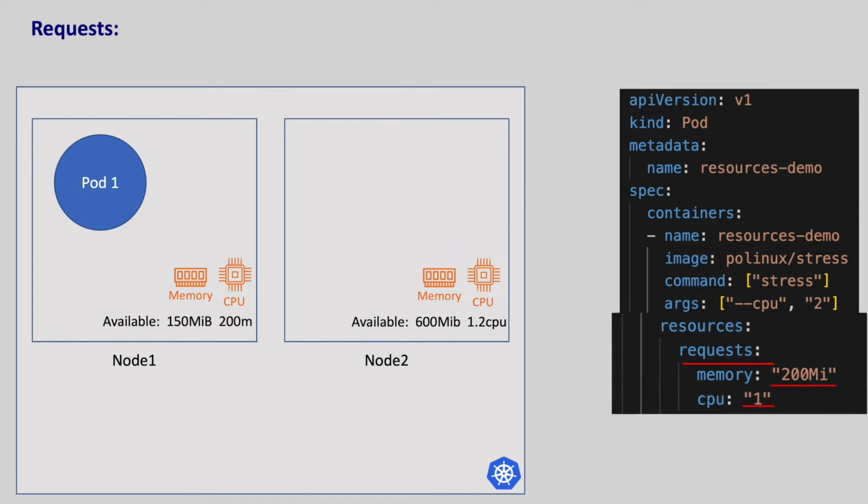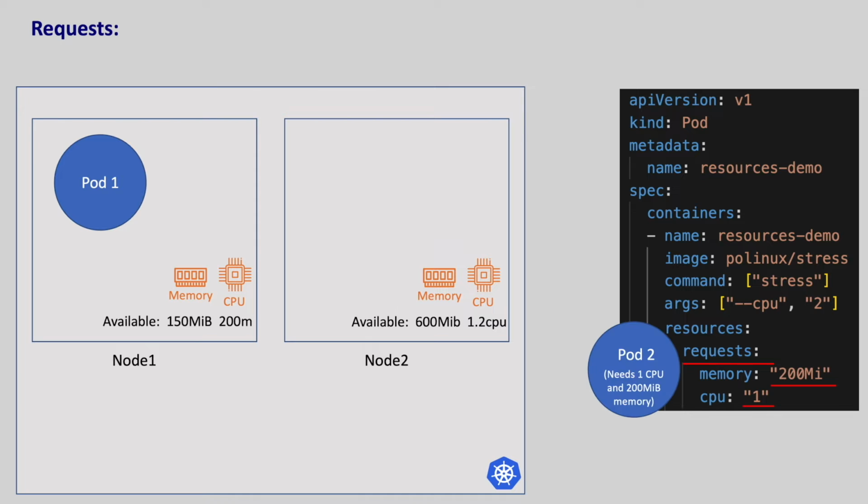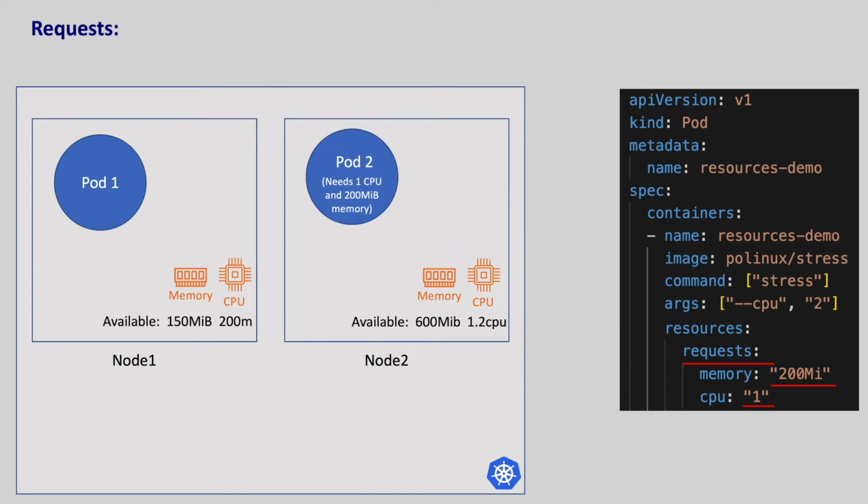When we define the request, Kubernetes will guarantee to schedule this pod onto a node where the minimum capacity is available. Now this pod uses the node 2 resources immediately after scheduling, and the allocatable resources on node 2 change to 400 megabytes and 200 millicores.